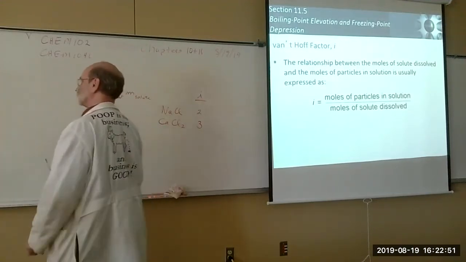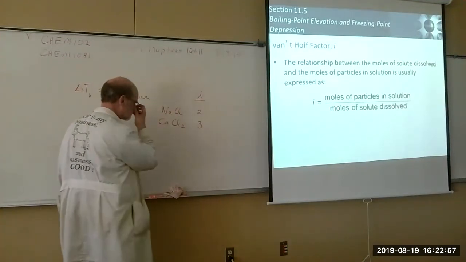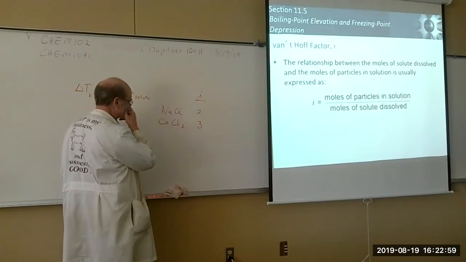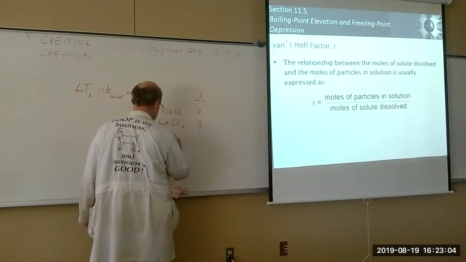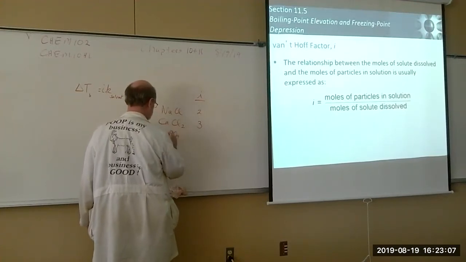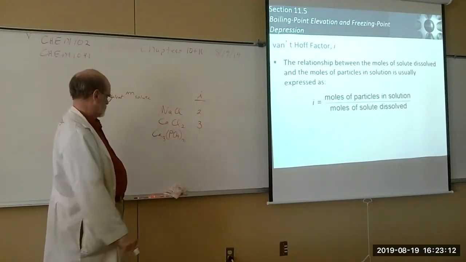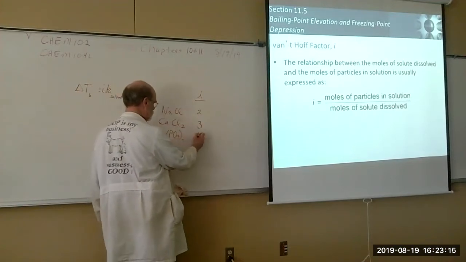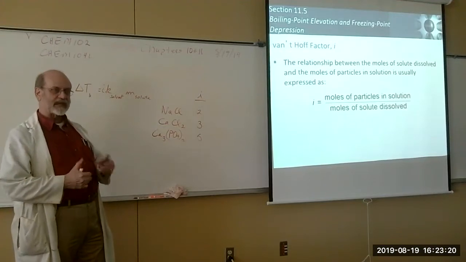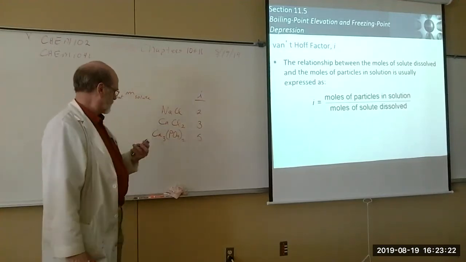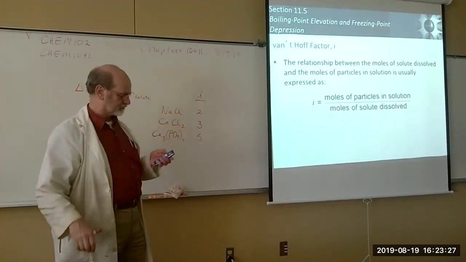How about, let's see, calcium phosphate. 3, 4, 5. Okay. So if you take into account how these things break apart, then you can determine what your Van 't Hoff factor is.